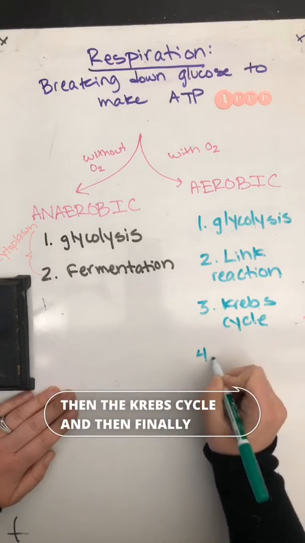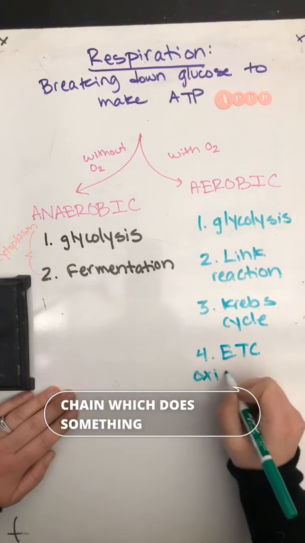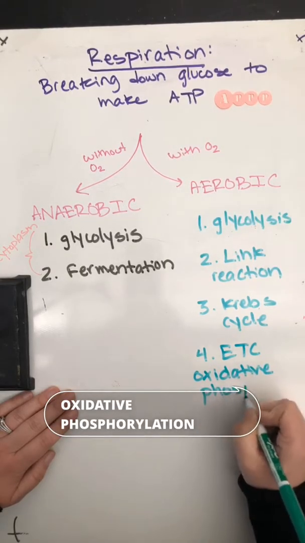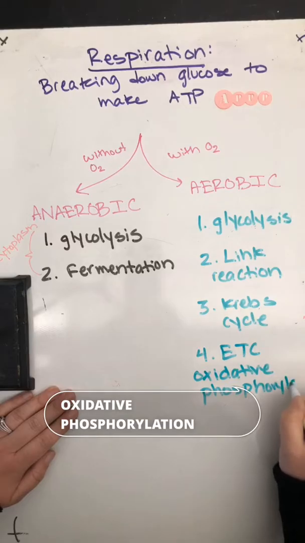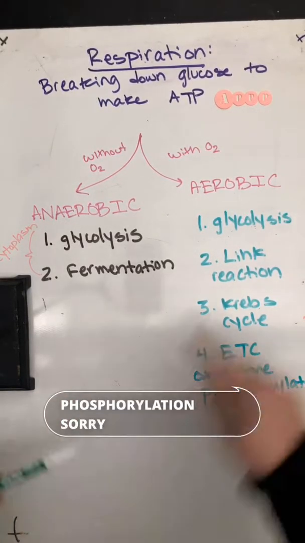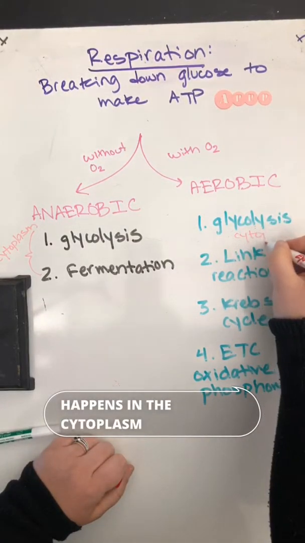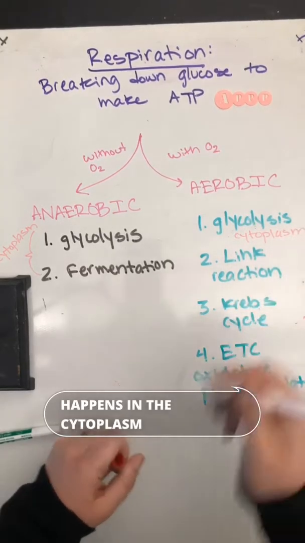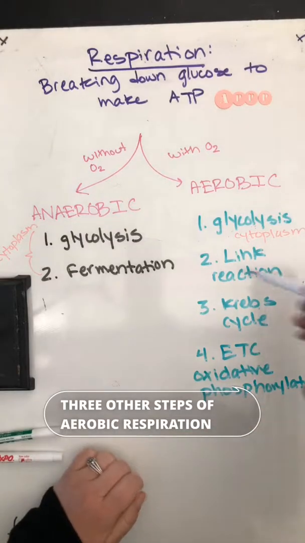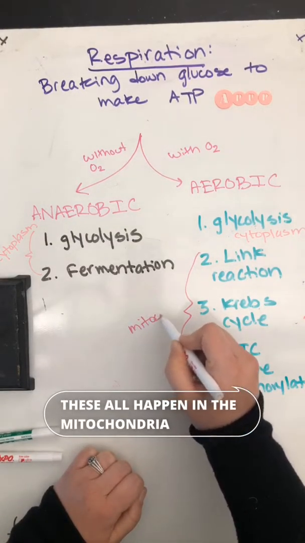And then finally, an electron transport chain, which does something called oxidative phosphorylation. Glycolysis happens in the cytoplasm, but these 3 other steps of aerobic respiration all happen in the mitochondria.